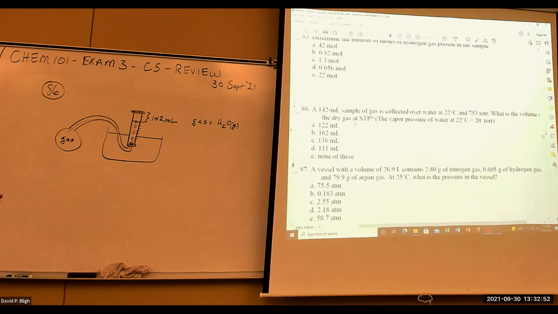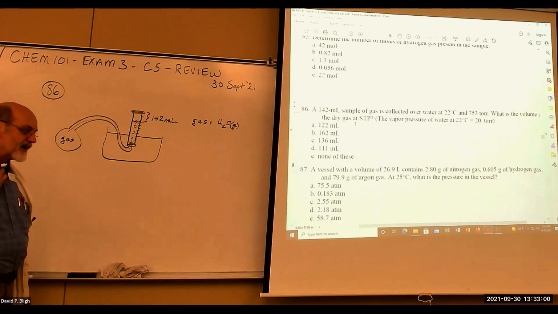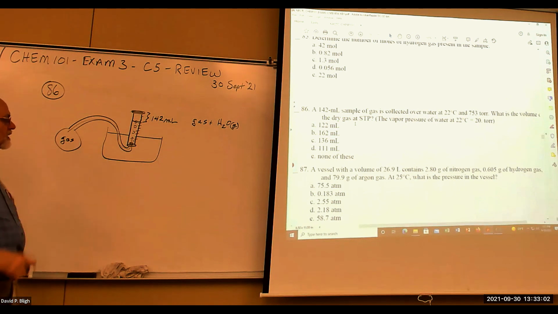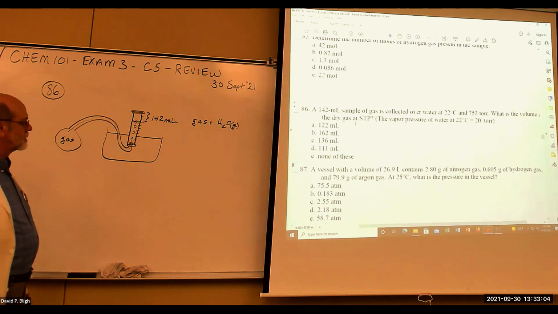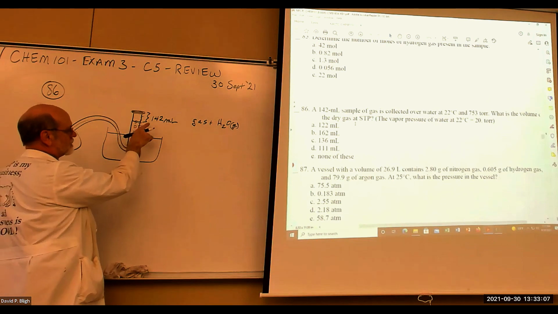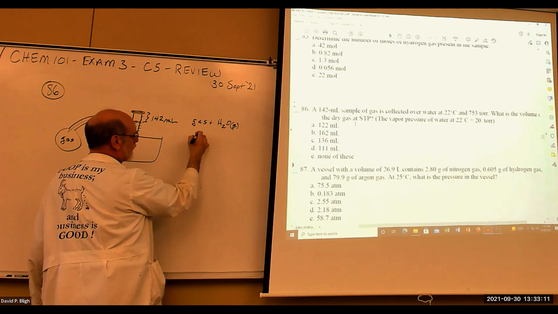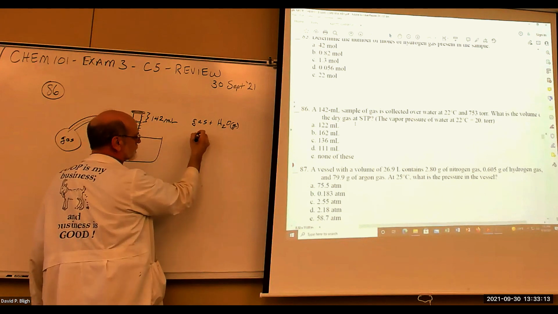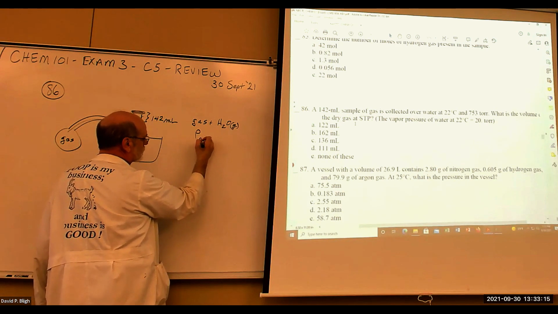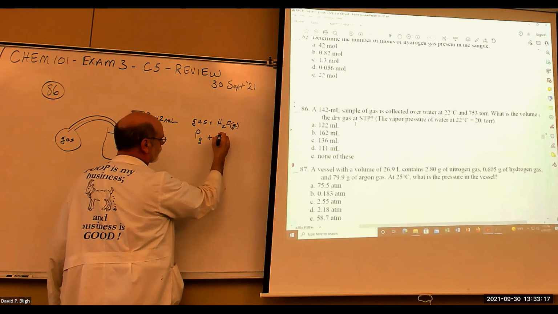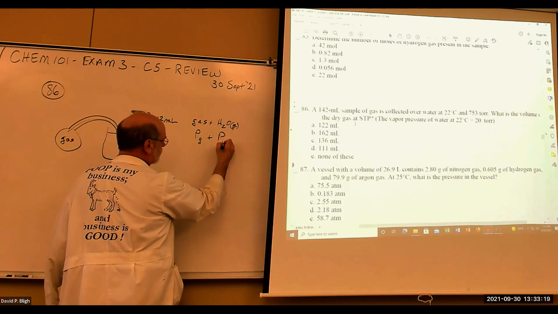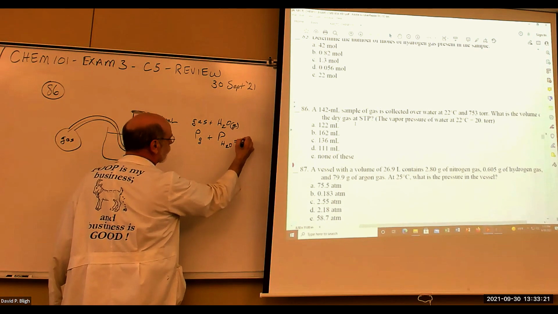So the question is, what's the volume of the dry gas at standard temperature and pressure? The volume of the dry gas is related to this and that together. And Dalton says that the pressure of this one plus this one is equal to the total.